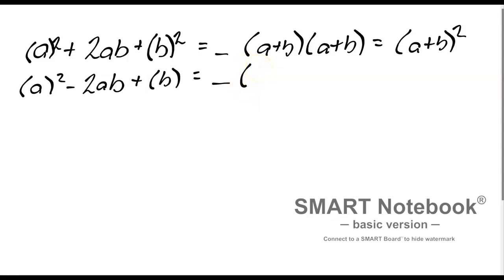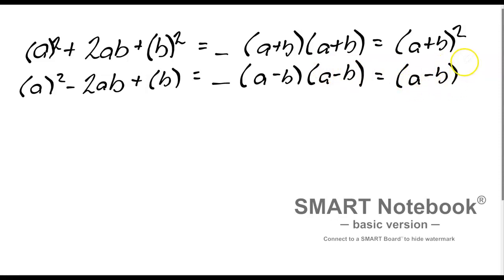And in this case, you'll have A minus B, A minus B. And again, it's a special case since you have the same term. You can go ahead and simplify it further this way.